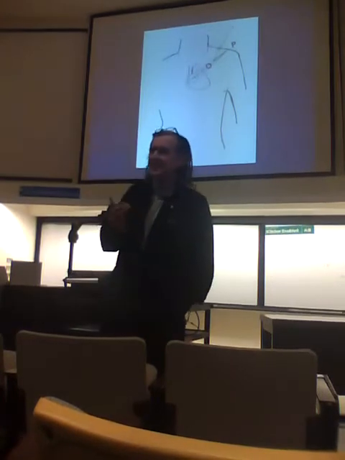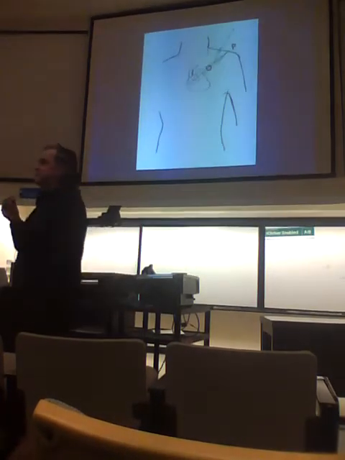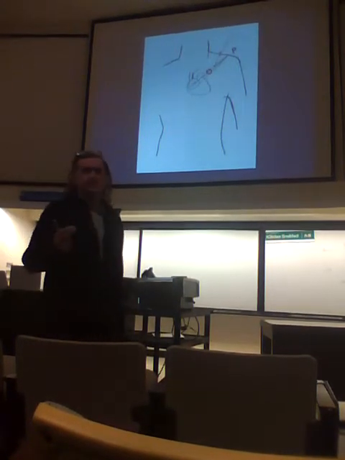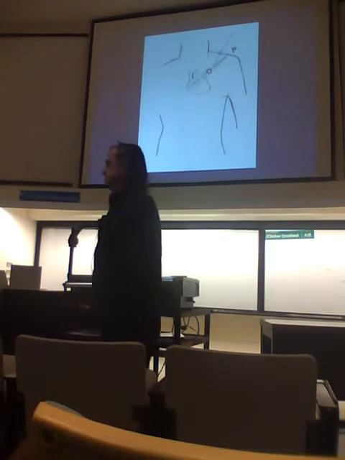His name was Einthoven, and he actually received the Nobel Prize for the electrocardiogram. He didn't discover it, or invent it, as I like to say, but he received the Nobel Prize for making an instrument that could actually measure it clinically. So it became useful.